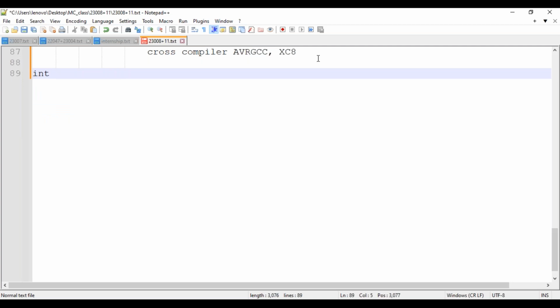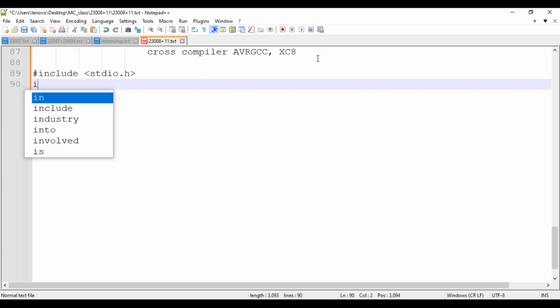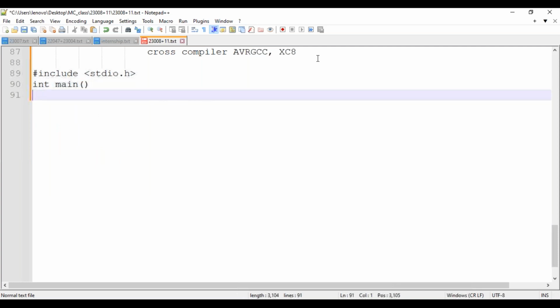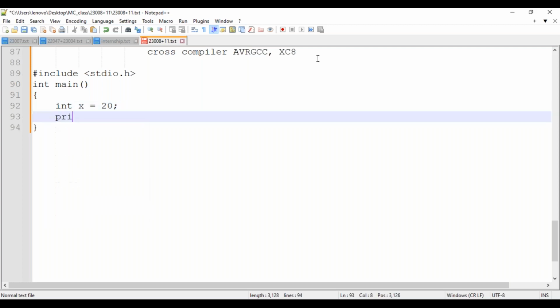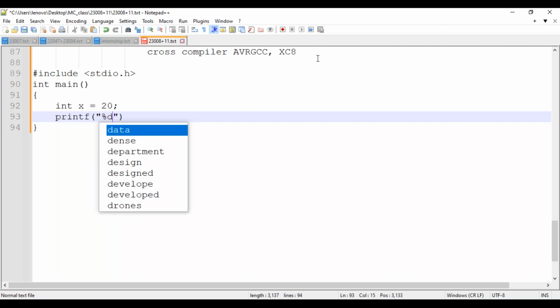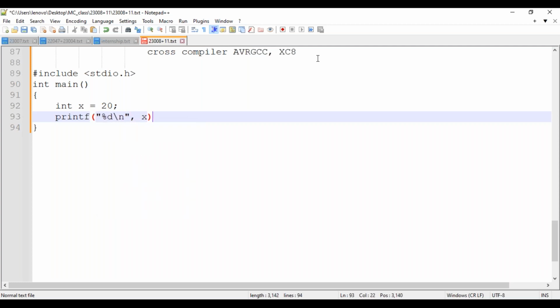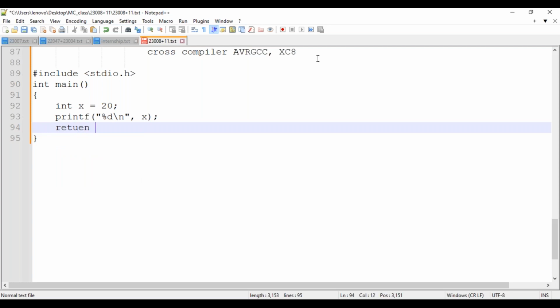So first, the very basic thing: #include <stdio.h>, then int main, then int x = 20. Then printf("%d\n", x) and return 0. Okay, so this is the basic program I have written.